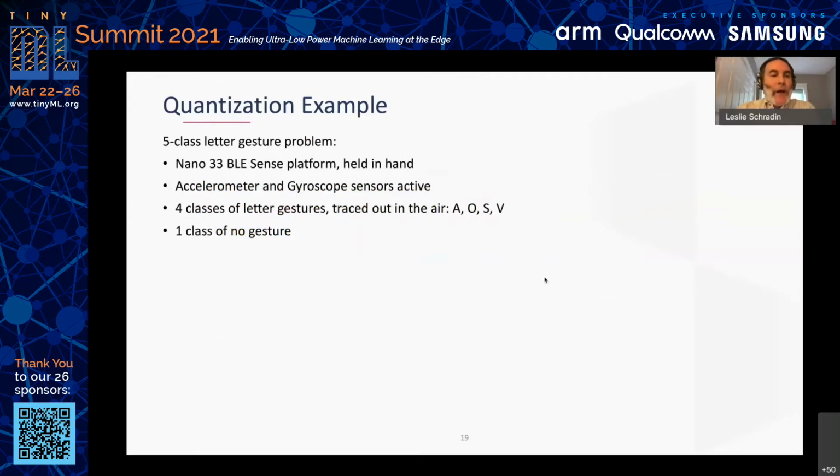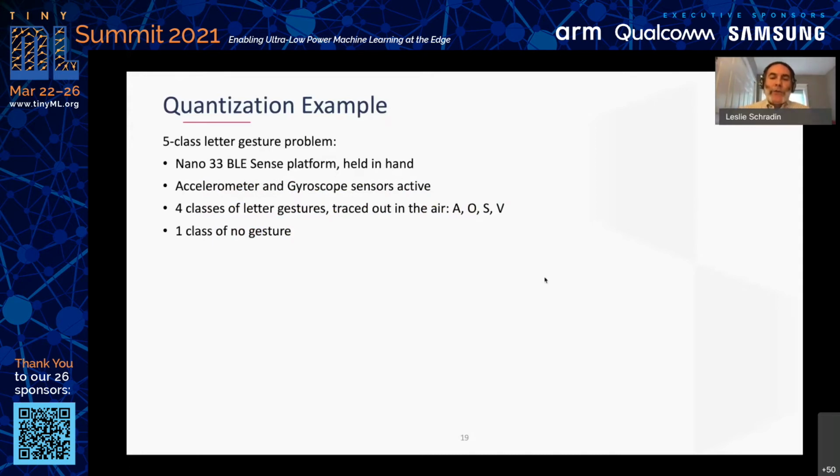Okay, so an example. For this example, this is one of our benchmark data sets that we use at Qeexo, which we call the letter gesture problem. This was collected on the Nano 33 BLE Sense platform while held in the hand using accelerometer and gyroscope sensors.